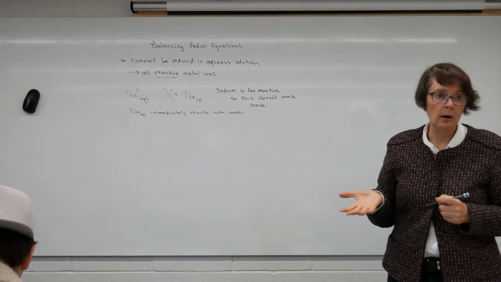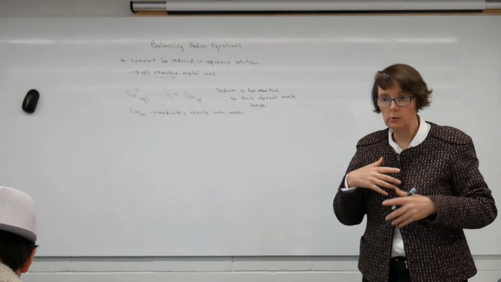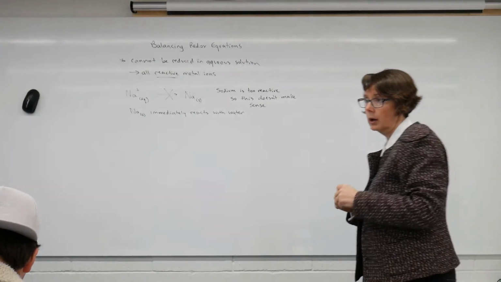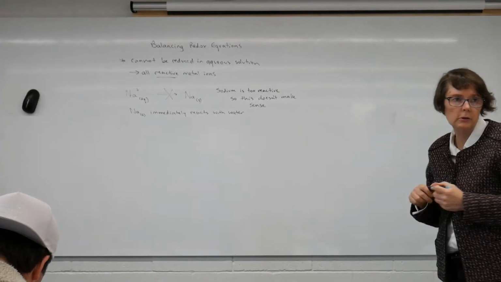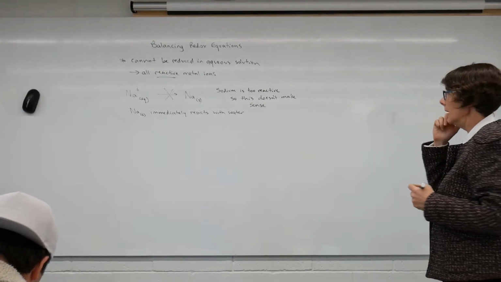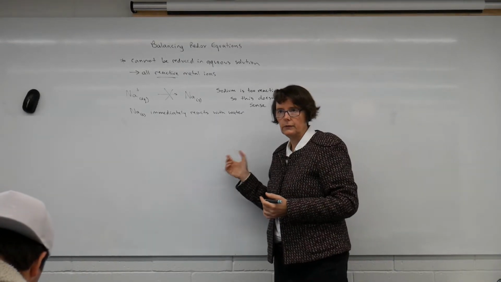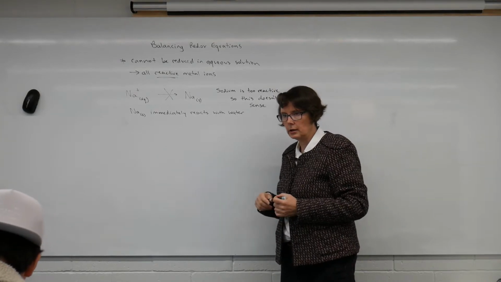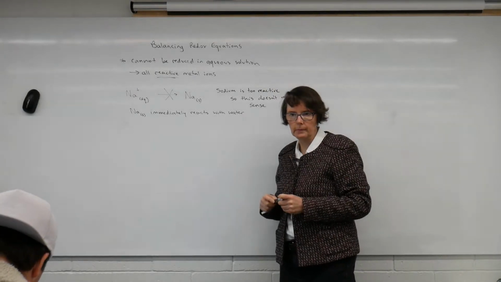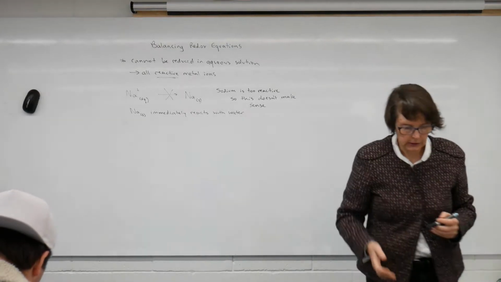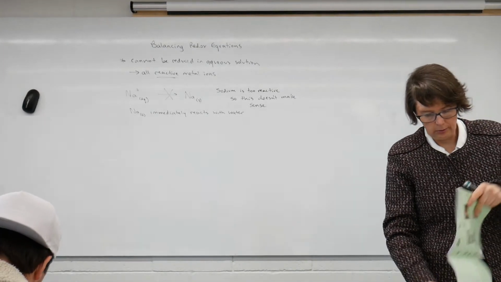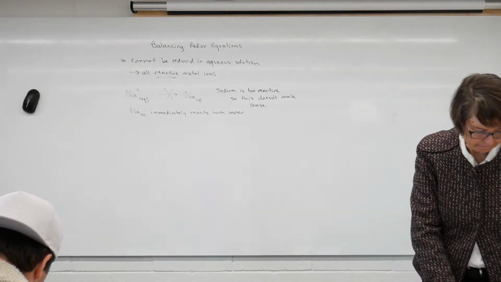Because at that time, aluminium was worth far more than gold, because it was so difficult to extract. You needed to add a lot of energy to reduce aluminium ions to aluminium. And so it was a function of the rarity.